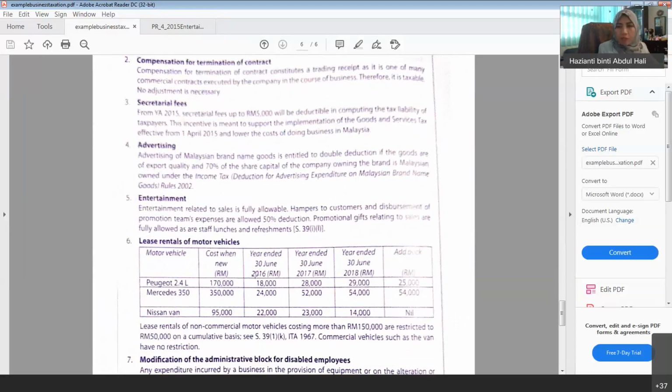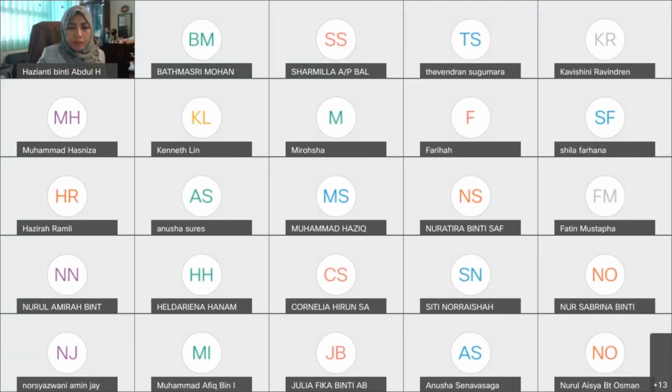That's why I provide you the example together with solutions to show you how to calculate the adjusted income. Alright, if you don't have question, I want you to try to answer this exercise in your notes.